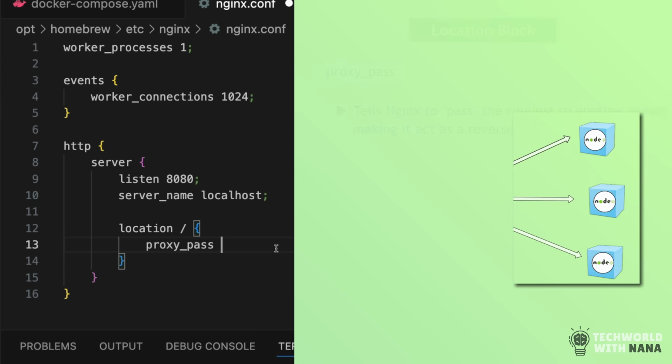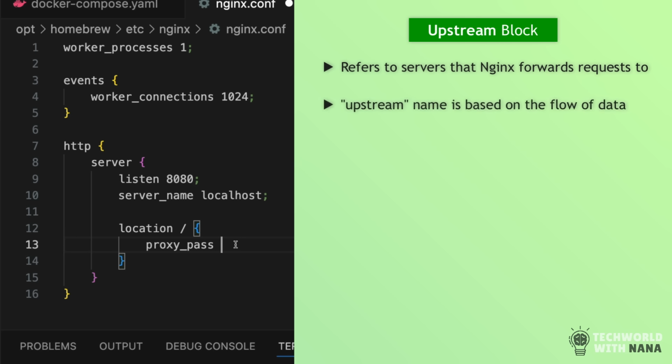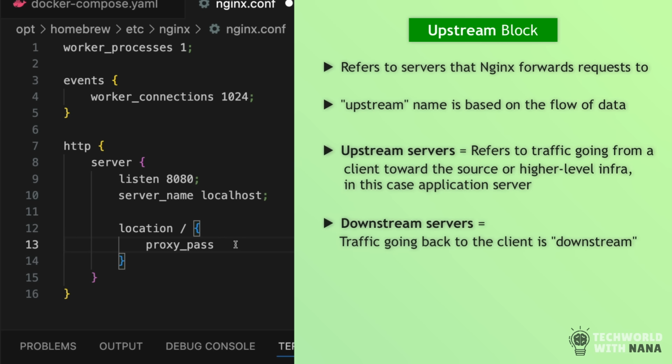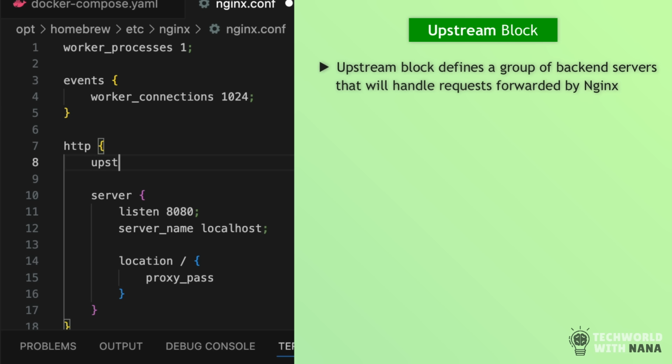Now, those backend applications that Nginx forwards the traffic to are called upstream in Nginx configuration. So we're going to define an upstream in Nginx configuration, and the proxy pass basically forwards to that upstream. And we have to define that upstream as a separate configuration right here, like this.